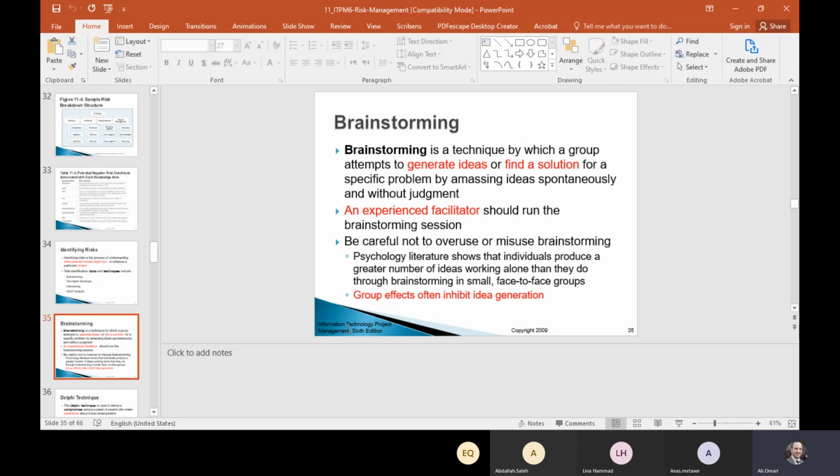As a facilitator, you should be very careful about misusing brainstorming, because it is kind of psychology. You don't want to abuse how an individual produces an idea. For example, sometimes a leader or a facilitator can neglect an idea from somebody.